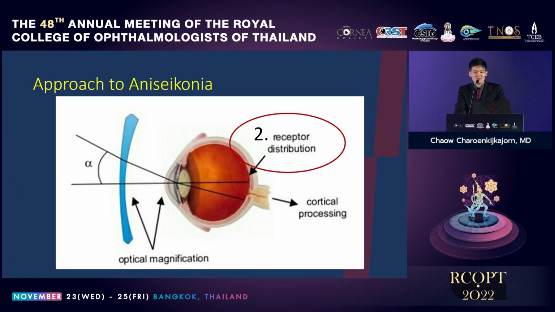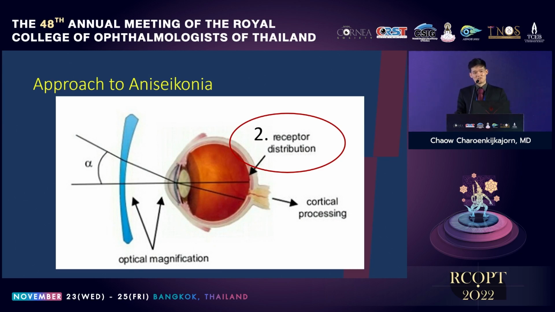So now we're going to move on to cause number 2, which is the retina problem of receptor distribution. From my personal experience, as I'm neuro-ophthalmology trained, I also got some referrals from other ophthalmologists or other physicians that the patient has aniseikonia, and when they do the refraction or the corneal evaluation, everything looks fine.